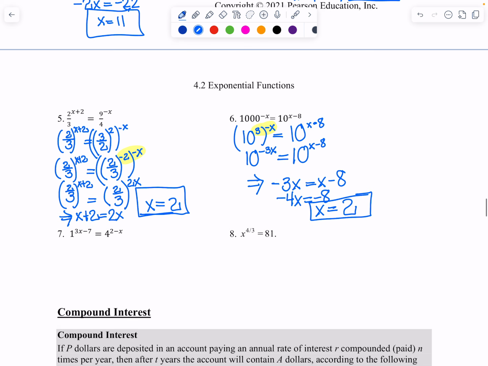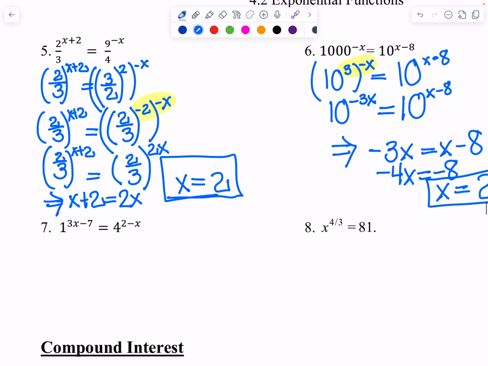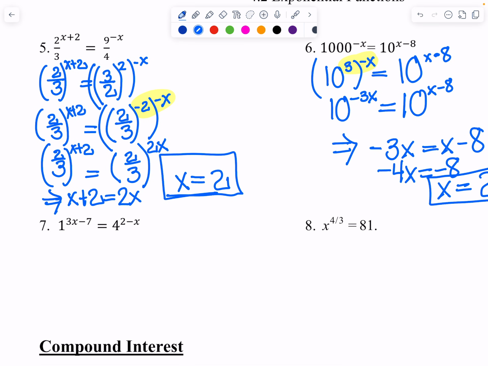Now, I want to do one more, and I'm going to do number 7 because I want y'all to explain this. You all looking at 1 and 4, and you're probably thinking, well, what's the common base between 1 and 4, you all? That's what you're probably thinking. Well, the common base between 1 and 4 is 4. Because remember, anything raised to the 0 power equals 1.